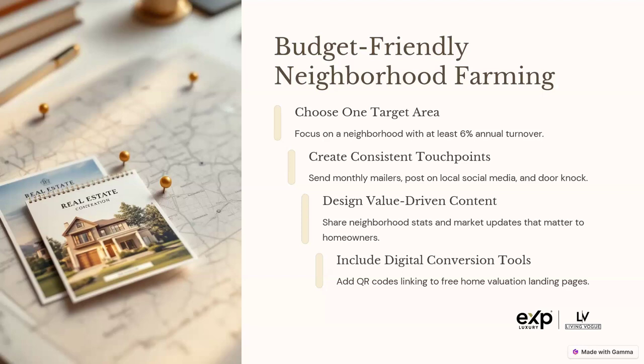Okay, so again, if we're looking at being budget friendly, you've got to choose a target area. That could be one neighborhood or one general area, but you don't want to do a whole zip code. If you do a whole zip code, you've got all different types of neighborhoods in there.